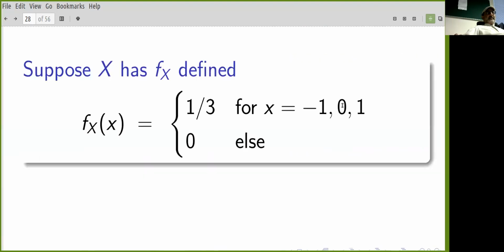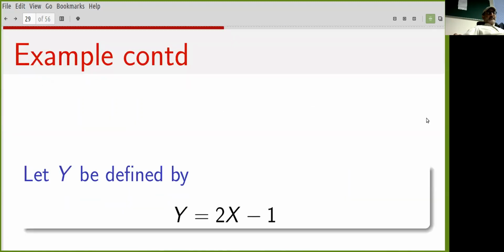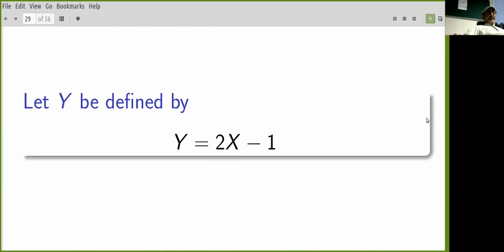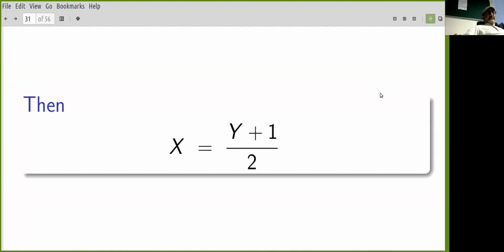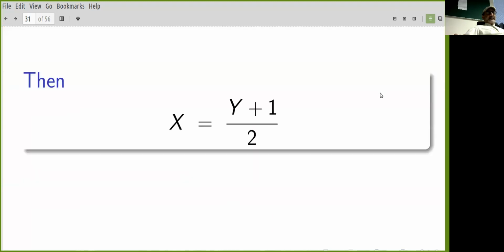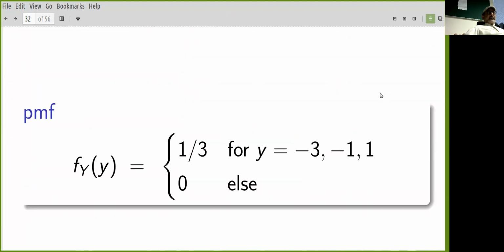So what values can that have? 2 times -1 minus 1, 2 times 0 minus 1, and 2 times 1 minus 1. Okay, and x in terms of y is y plus 1 over 2. So that transformation is also 1-to-1. X is equal to y plus 1 over 2.